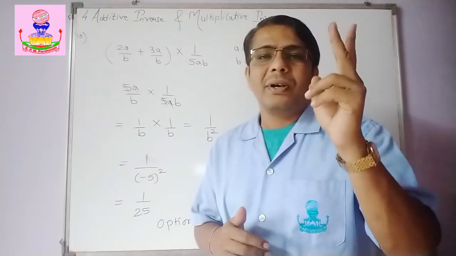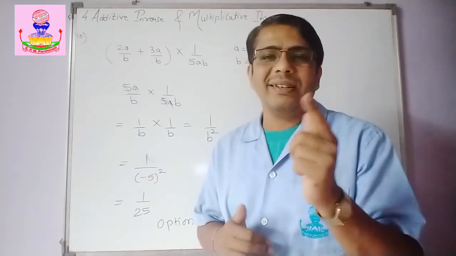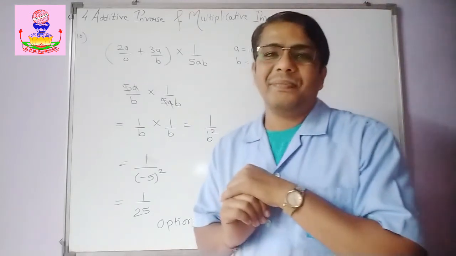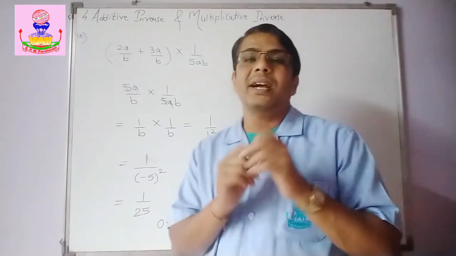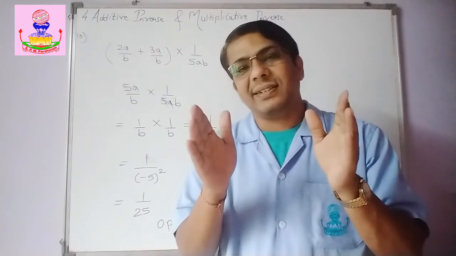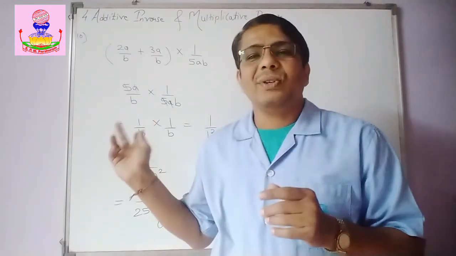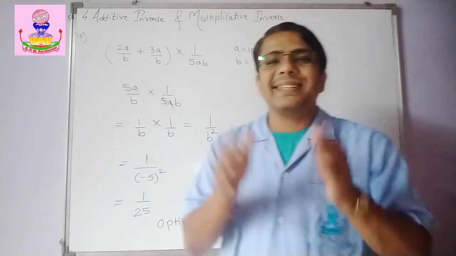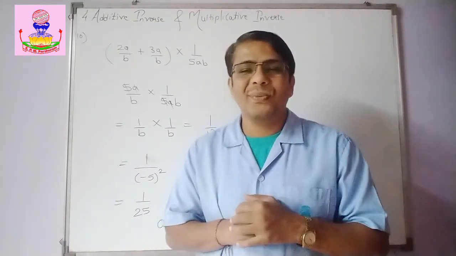Multiplication of two rational numbers, if the product is 1, they are multiplicative inverse of each other. Don't forget that. And if the sum of two rational numbers is 0, then they are additive inverse of each other. Don't forget that. That is the basic. If I use the basic correct, I should not find this difficult. Okay, so try to solve the remaining examples, and if there is any doubt, you are most welcome.